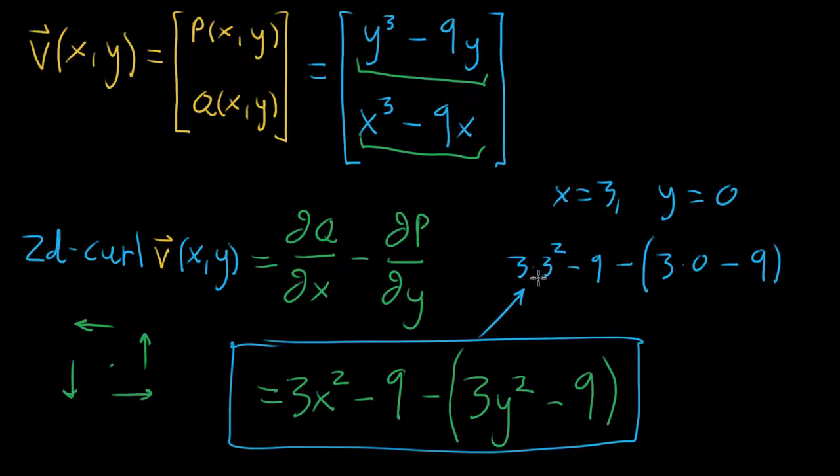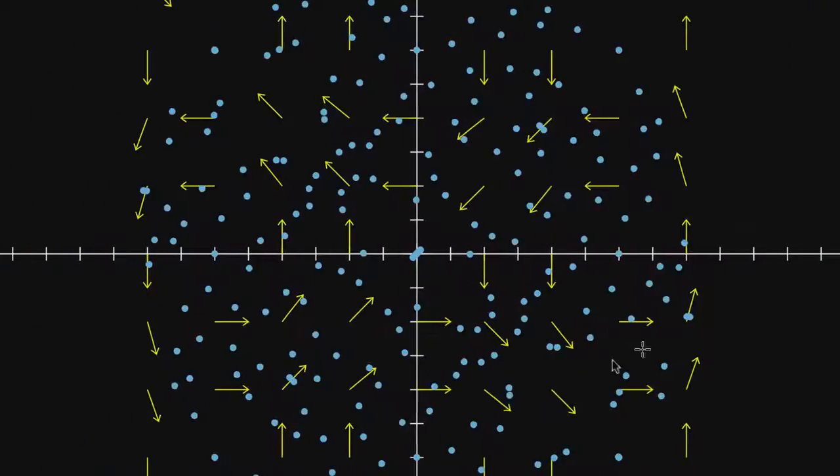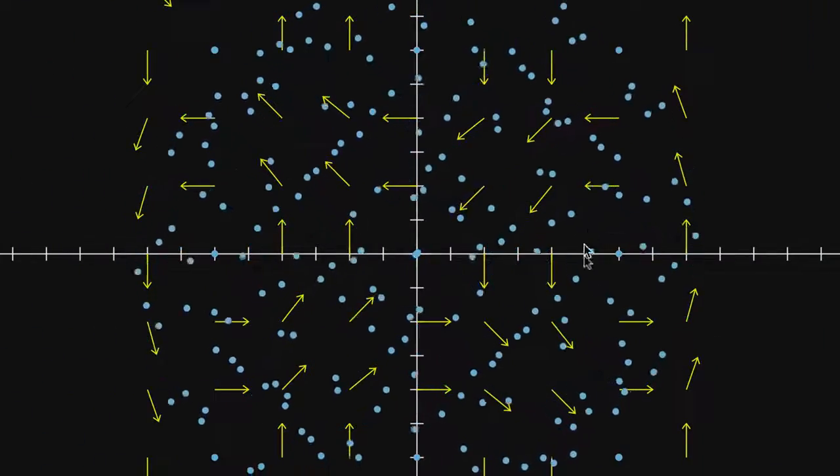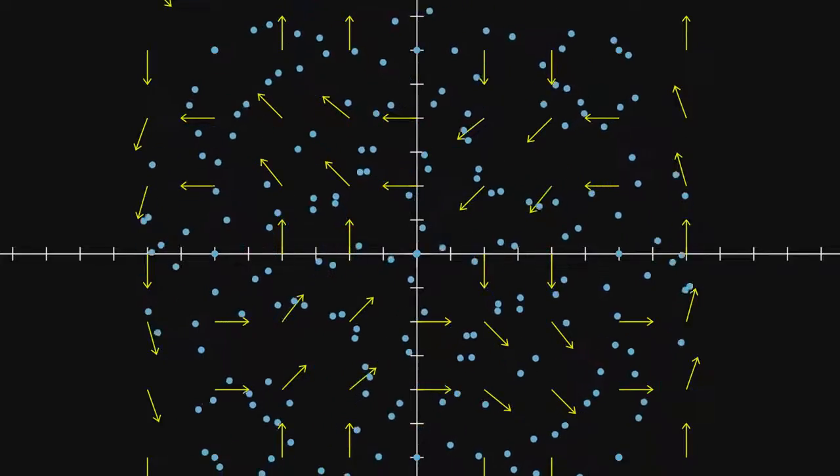And so this part is 27. That's 3 times 9 is 27, minus 9 gives us 18, and then we're subtracting off a negative 9, so that's actually plus 9. So this whole thing is 27. It's actually quite positive. So this is a positive number, and that's why when we go over here and we're looking at the fluid flow, you have a counterclockwise rotation in that region.